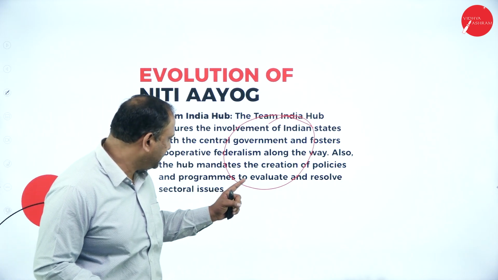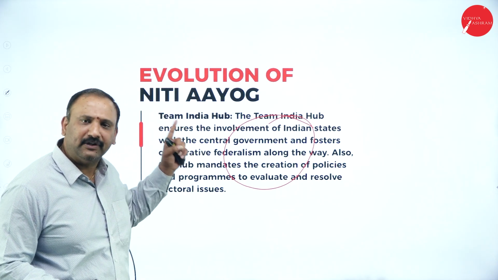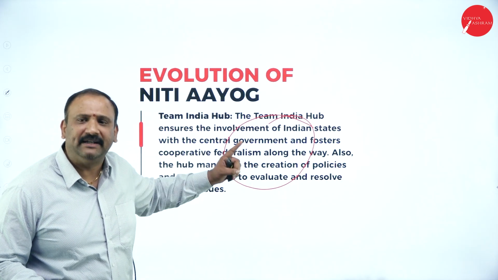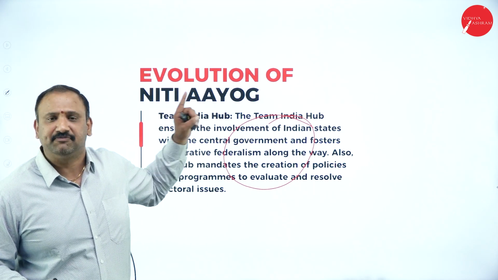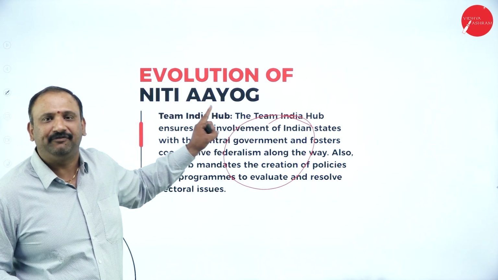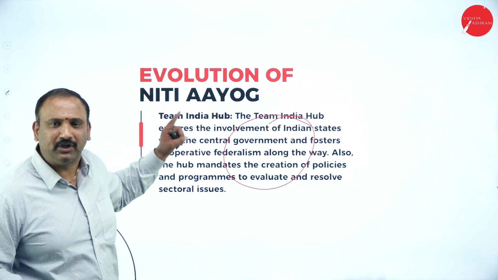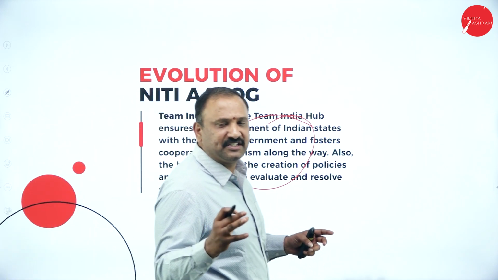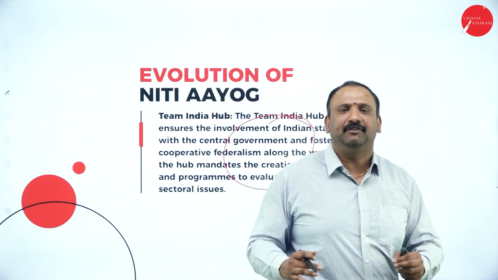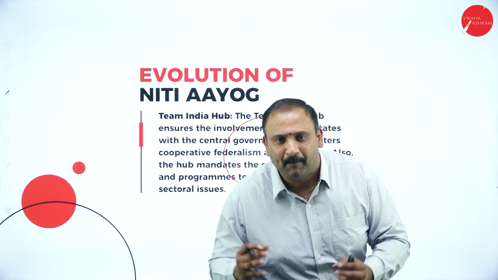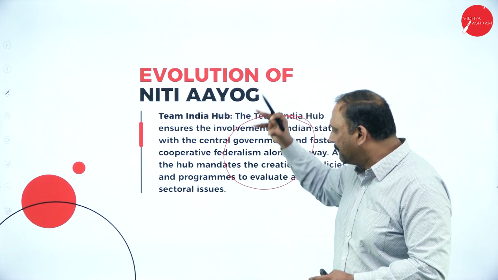So we want to see that every single policy that has been designed and implemented is brought together for the benefit of the nation. We do not want to exclude any system. We want to see that every single system that has been brought into it gets the complete evolution.